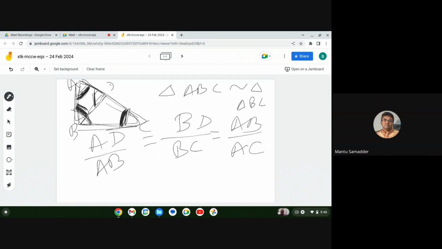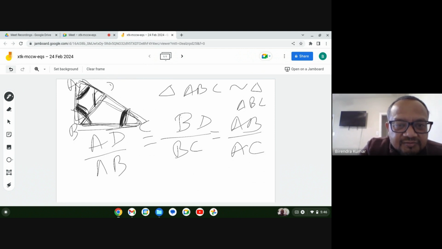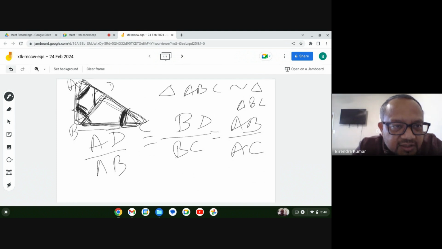AD by AB. Now look at the second triangle, BCD, and the larger triangle ABC. I have to make this a little clean.